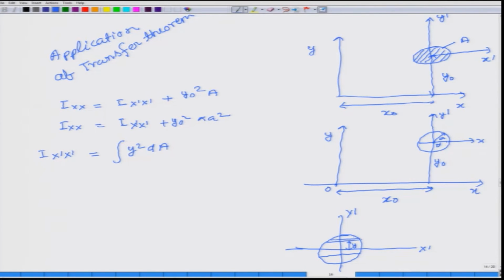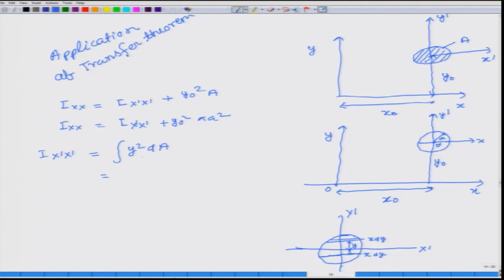So, if we consider this strip, this strip will be given by x times dy, right. Similar strip you will find on another side, which would be x times dy at a distance minus y, right. So, that is a similar strip. So, what we want to do? We want to do this integral y square dA.